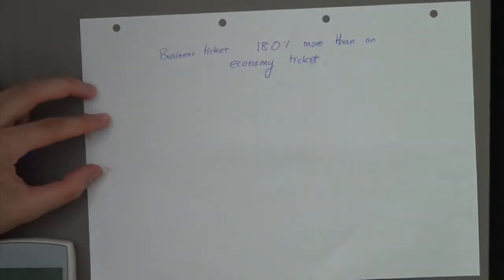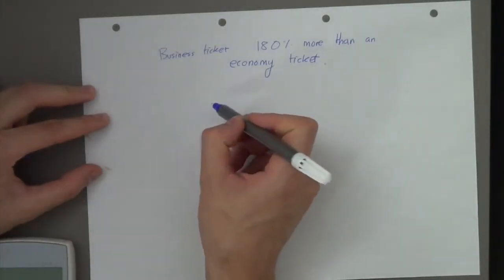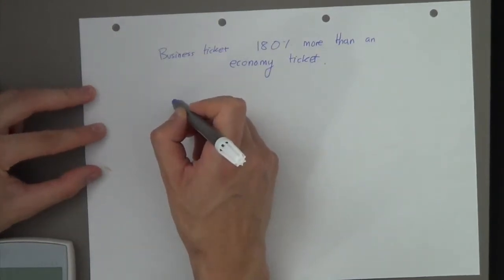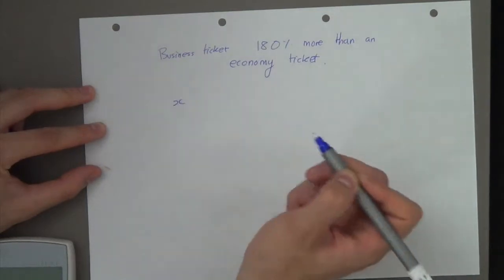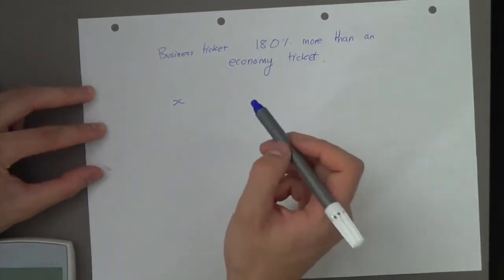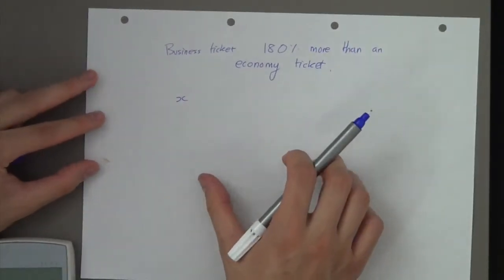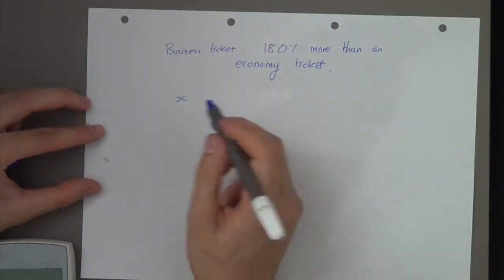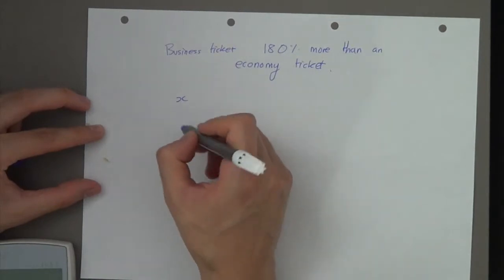Okay, so in order to do this one, we need to basically, I'm just going to substitute X as the economy ticket. So let's say the economy ticket, okay, we know its price, okay. However, algebraically we call it X, okay, and that's going to be 100%.